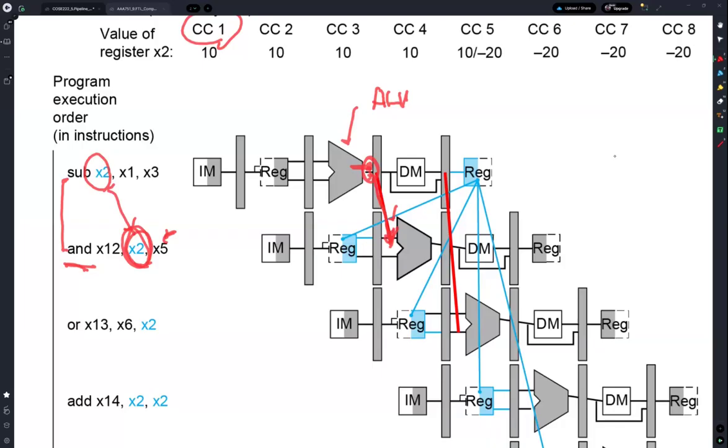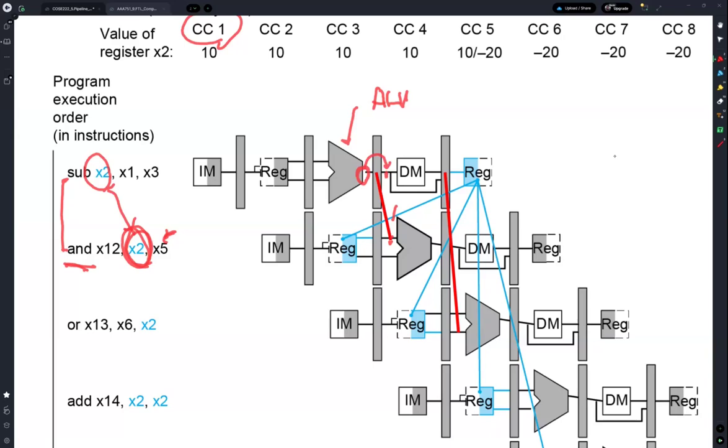So for this data dependency, between the very next instruction, when the data is generated by the ALU, the data will be propagated to the memory stage.